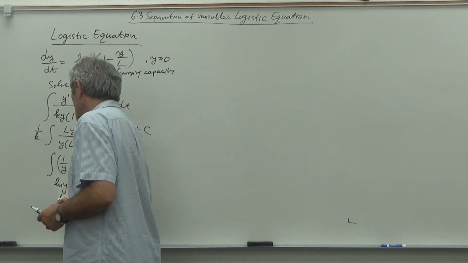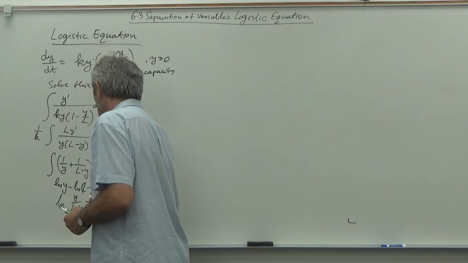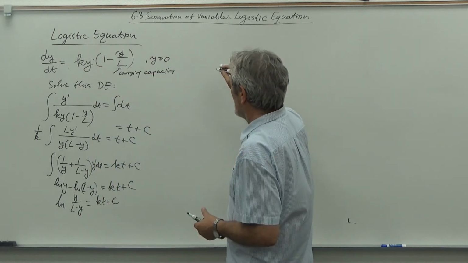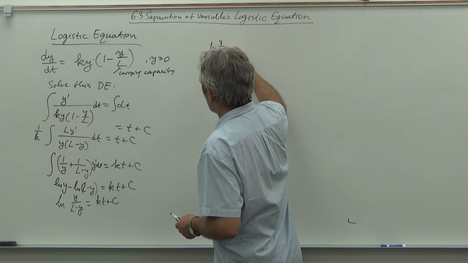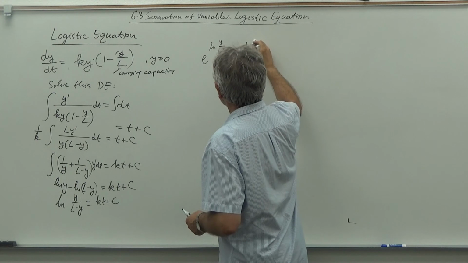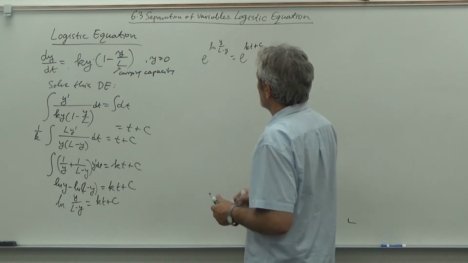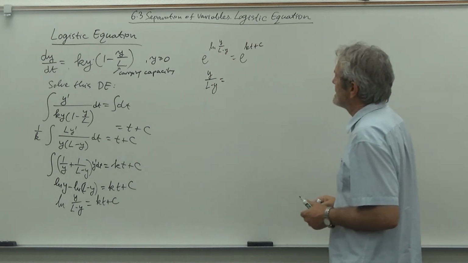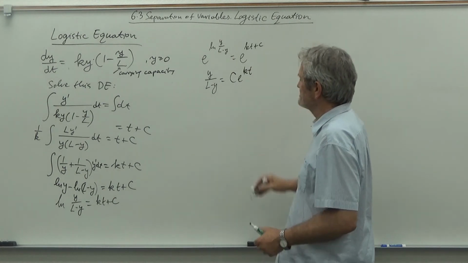Here I write this as ln of the quotient equals kt plus c. Now I raise e to both sides, and I get e to the ln of y over L minus y equals e to the kt plus c. As usual, e and ln cancel each other out, so I get y over L minus y equals c e to the kt.